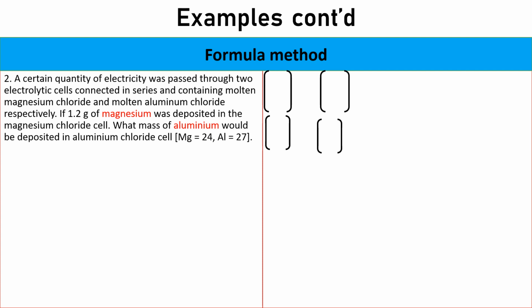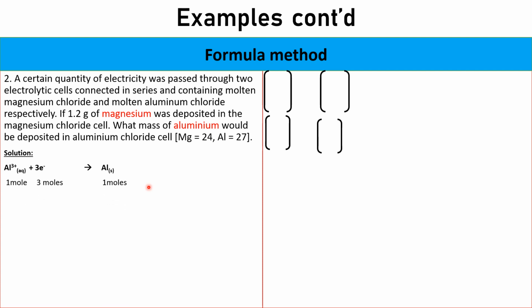Take the atomic mass of magnesium to be 24 and that of aluminum to be 27. So what do you do? Remember, the first thing is to write the equation of the ion of the elements deposited. Aluminum is deposited and is a trivalent metal, so it will gain 3 moles of electron to form 1 mole of metallic aluminum. We have done that before.